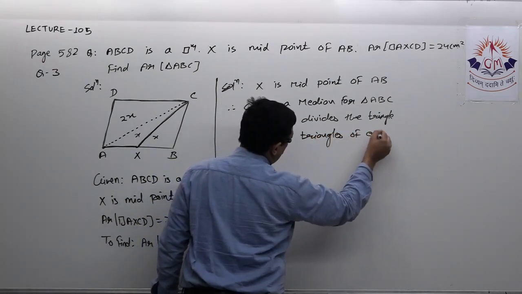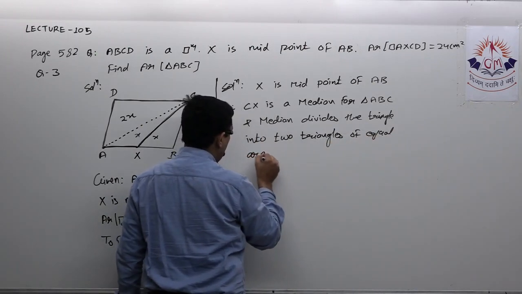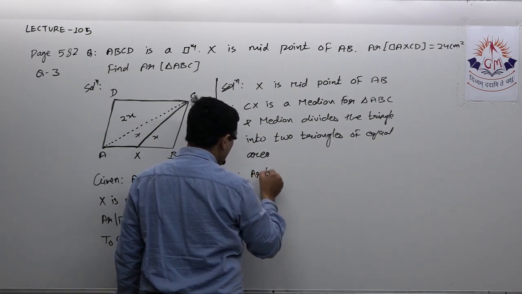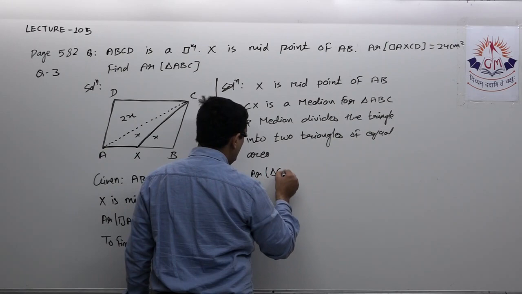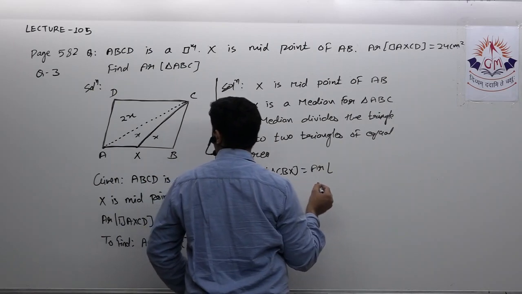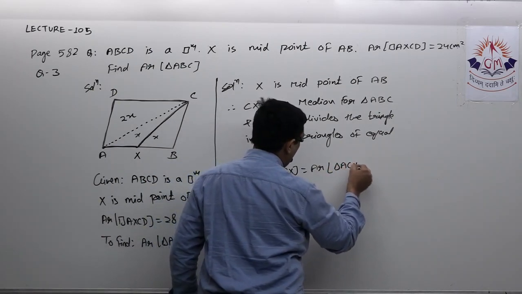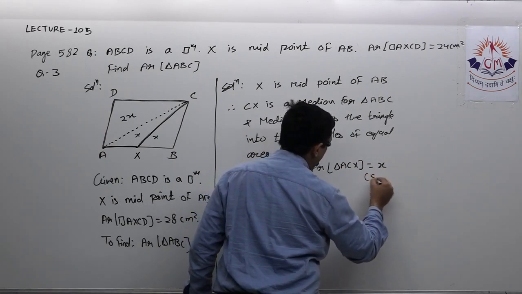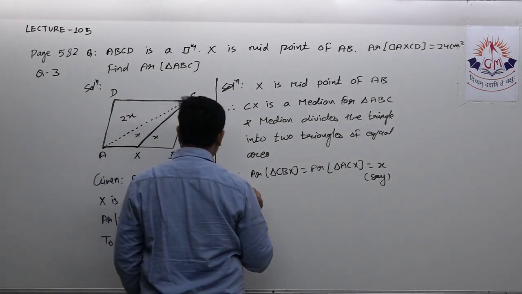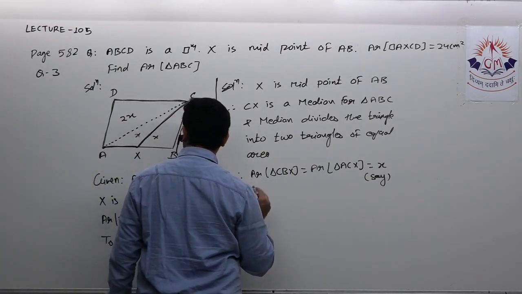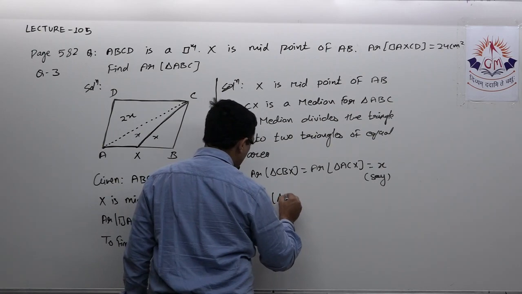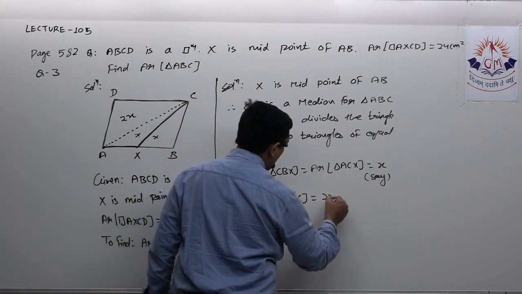Therefore, area of triangle CBX is equal to area of triangle ACX. Let me assume they are equal to x centimeter square. Therefore, I can also say area of triangle ABC is equal to 2x.